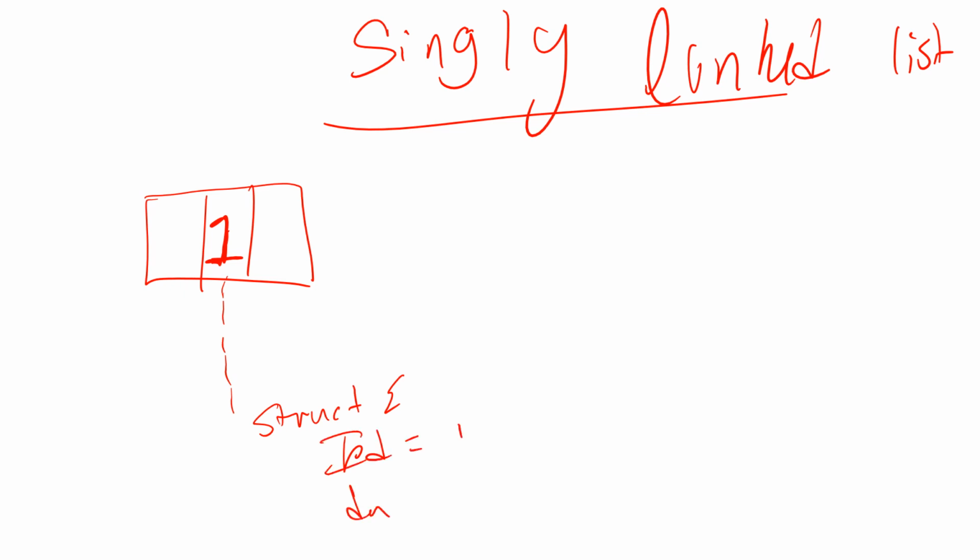And then you'll have some data here, whatever, age, height, that you're interested in, right? And then in this struct for a linked list, you're also going to have a pointer to the next node.